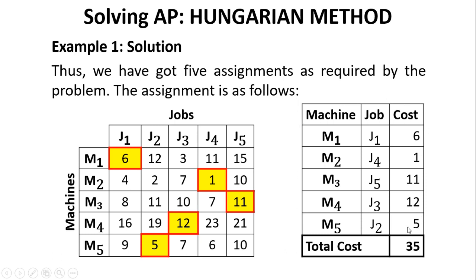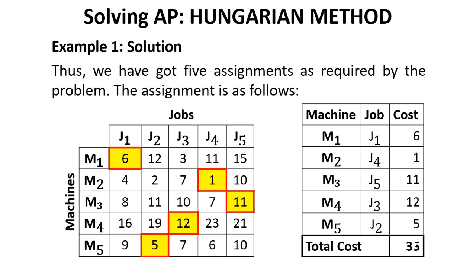So this is the table which basically you need to prepare for your summarization. So we have the machine, we have the job, and these machines assigned to respective tasks, which gives us the minimum operational cost. Okay, so this is about solving a balanced minimization assignment problem.